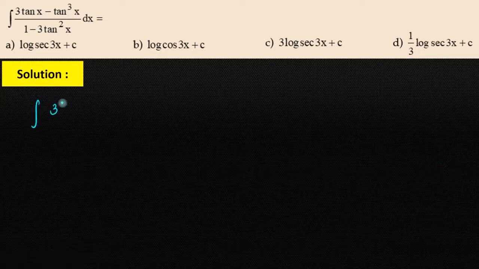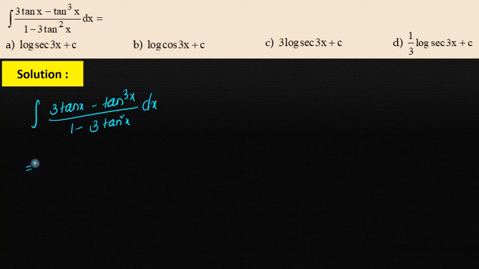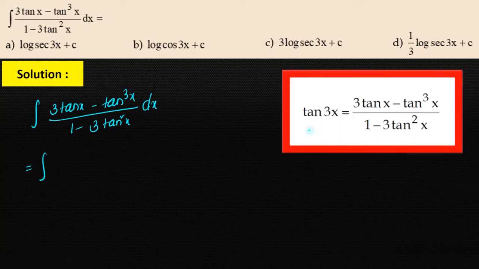Integral (3 tan x minus tan cube x) divided by (1 minus 3 tan square x) dx is equals to integral. We know that tan 3x is equals to (3 tan x minus tan cube x) divided by (1 minus 3 tan square x).